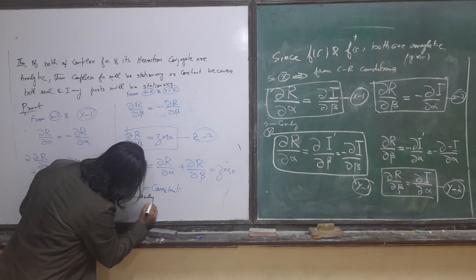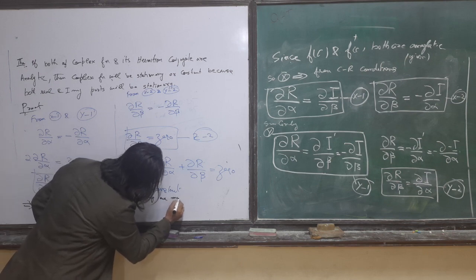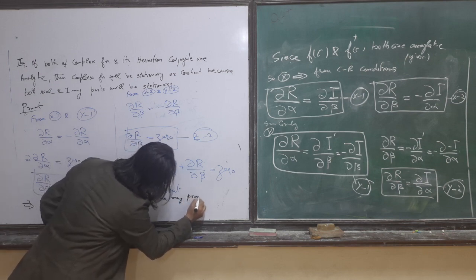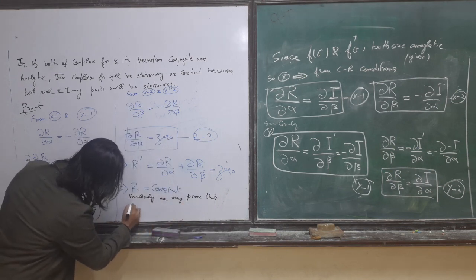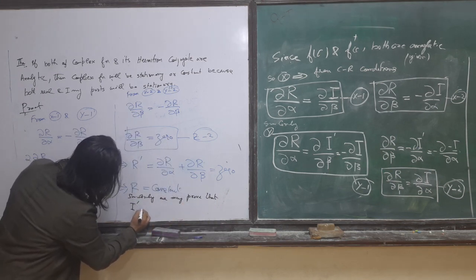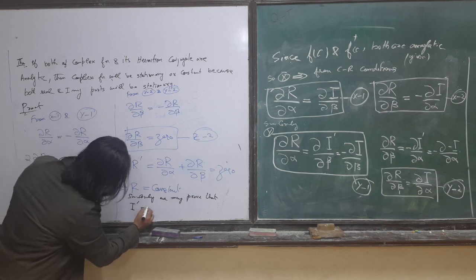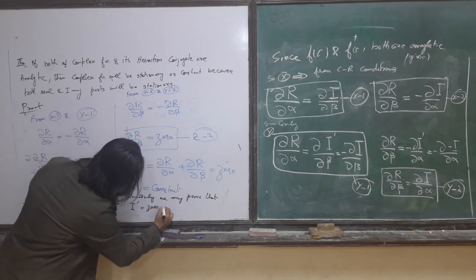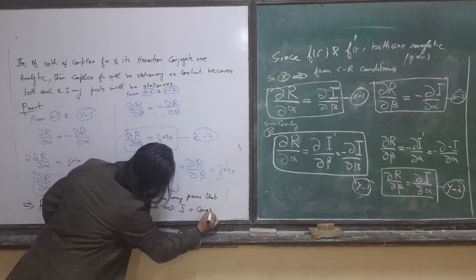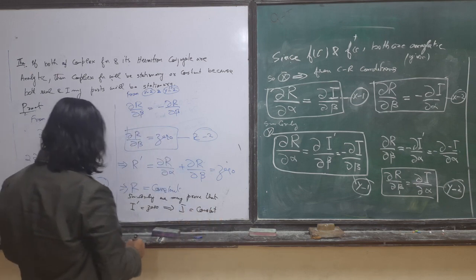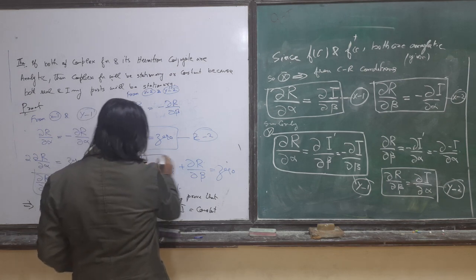Similarly, we may prove that I dash is 0 implies that I is constant.